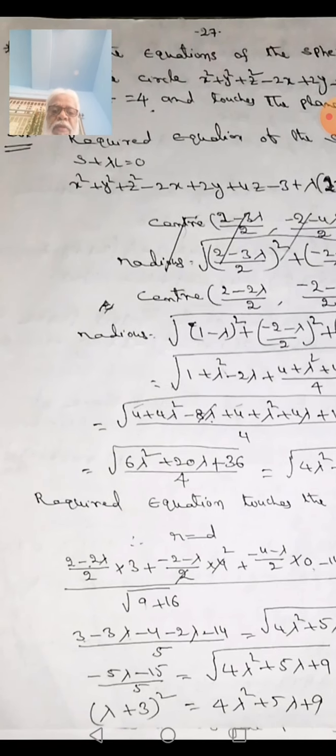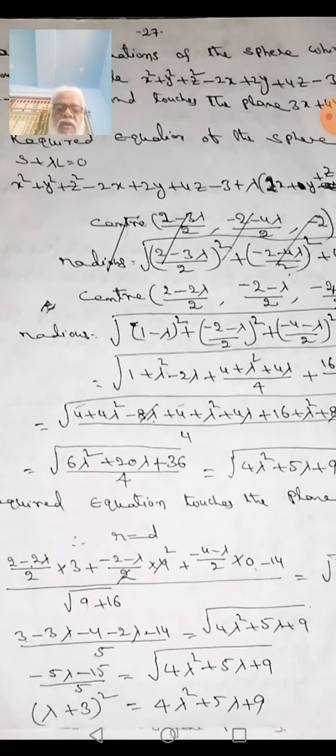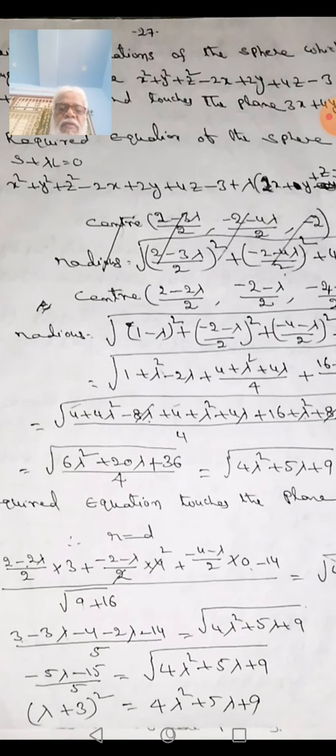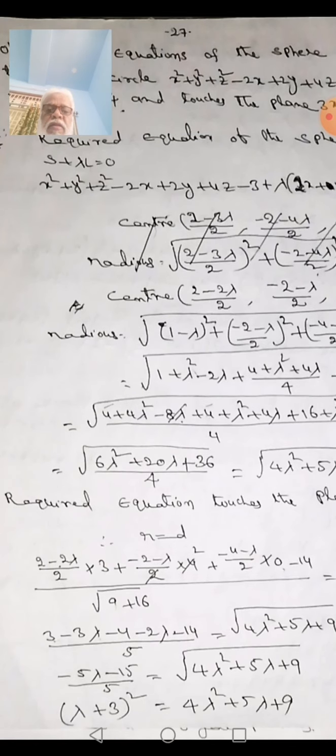So (lambda plus 3) whole square is equal to 4 lambda square plus 5 lambda plus 9. If you simplify this, we get 3 lambda square minus lambda is equal to 0, which means either lambda is equal to 0 or lambda is equal to 1 by 3.